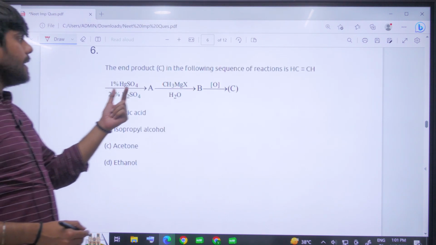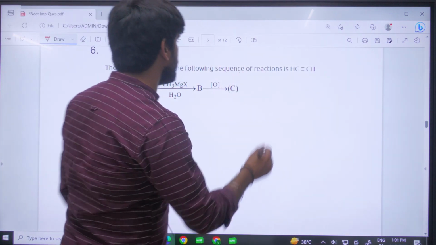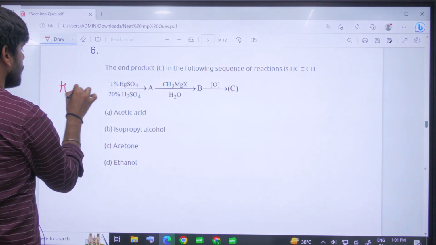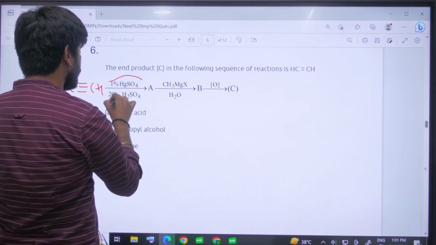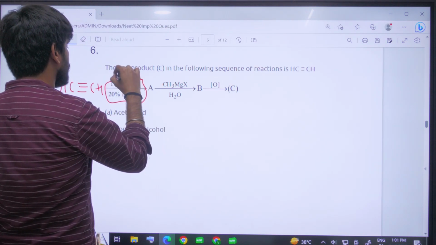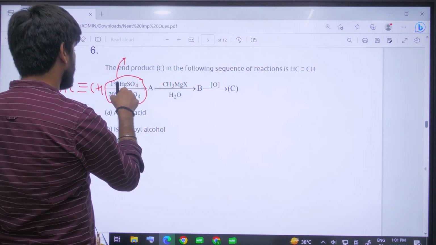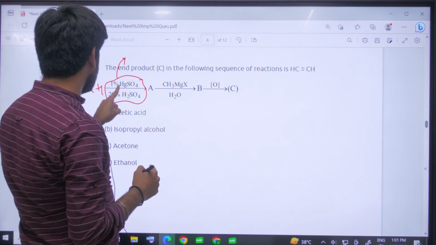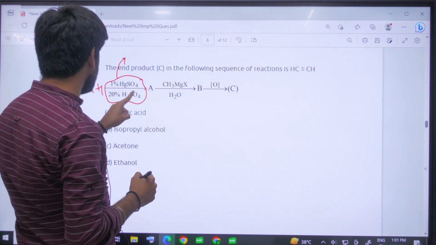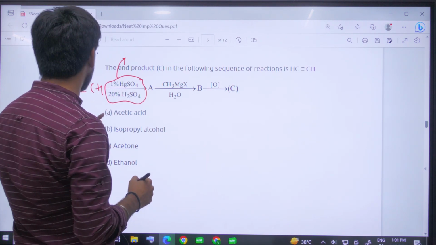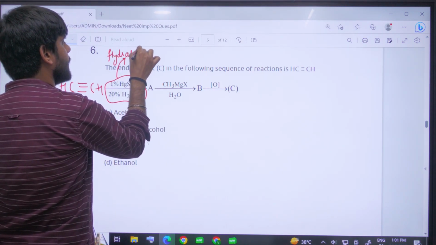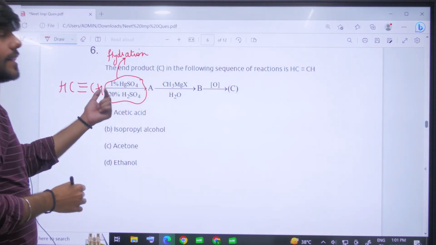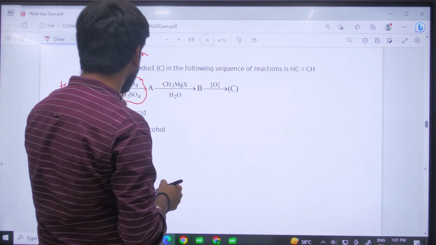Next question. The end product C in the following sequence of reactions is, okay, so I have acetylene. Basically I have 1% HgSO4, 20% H2SO4. Okay, so this is your hydration of alkyne in the presence of mercuric ion.